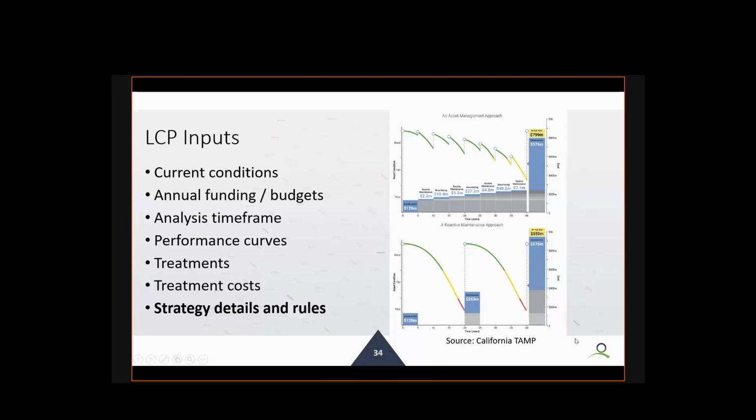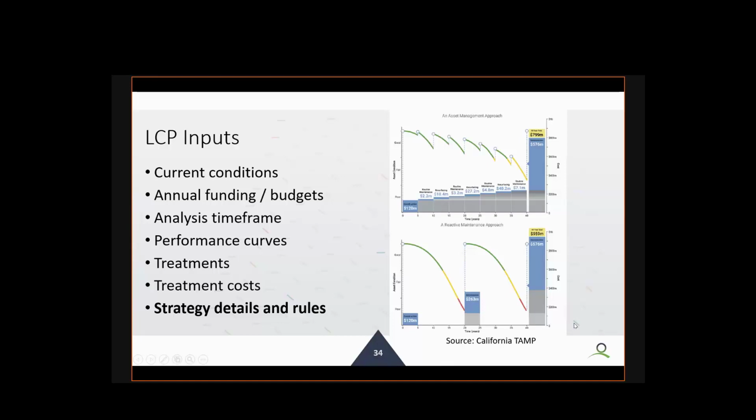Typically, in a pavement or bridge management system, you can think of these as represented as a decision tree, or a series of if-then statements that say if the condition is of a certain level, if it is this type of highway, if it is this type of pavement, then you can deliver a certain treatment. If it's a different type of pavement, even if it's in the same condition and the same location, maybe you would deliver a different type of treatment.